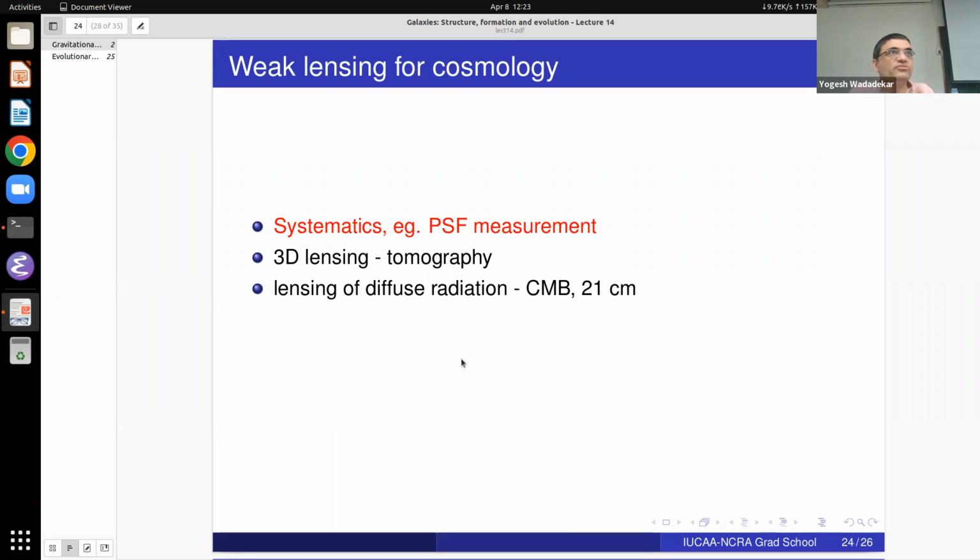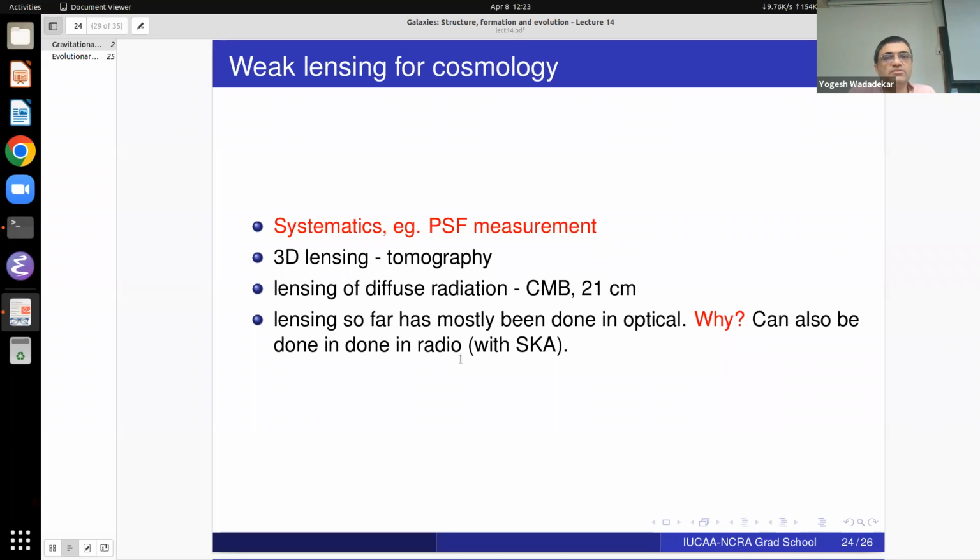So if you have, let's say, an acoustic peak on very small angular scales, because the light is not coming straight, but it's bending many times along its path, you are going to see that signal getting smoothed out. They have techniques to correct for that.